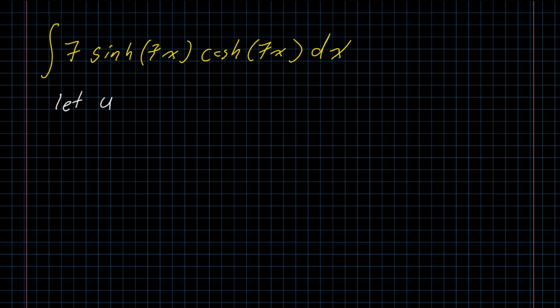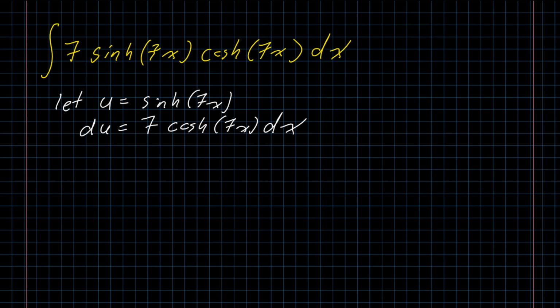But I think that the easier of the two is to let u equal sinh of 7x. And as soon as we do that, then du would be 7 times cosh of 7x times dx.